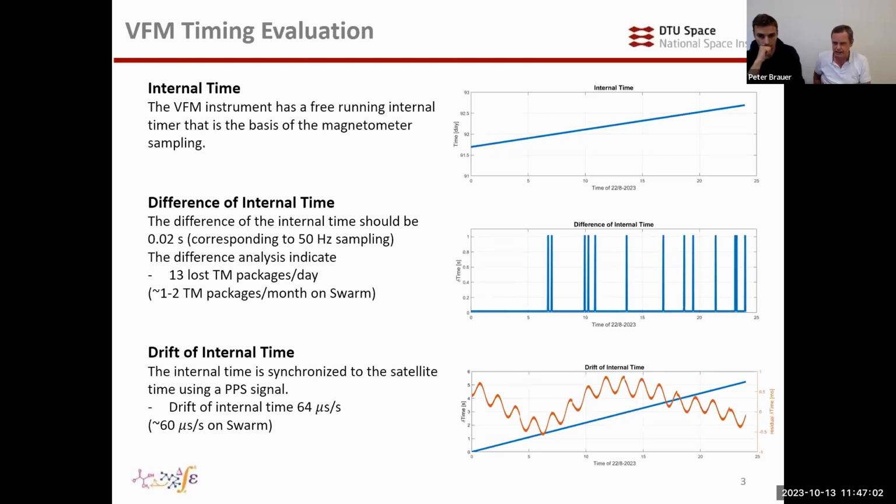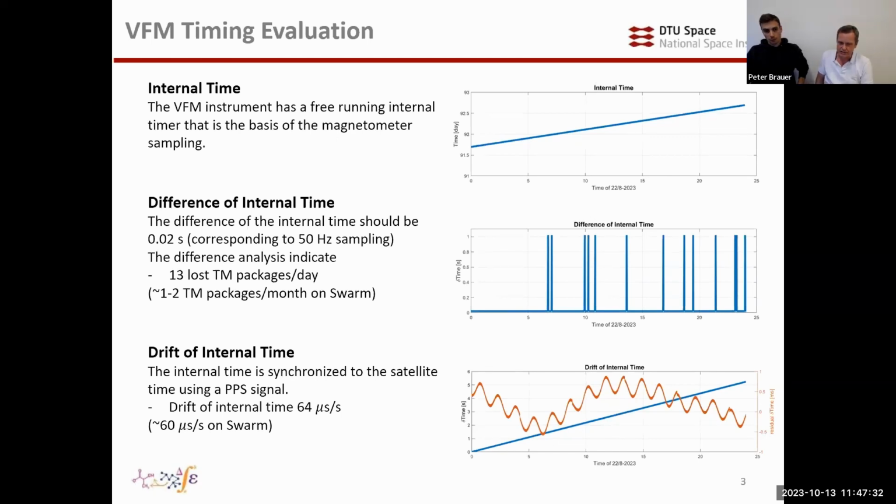We are seeing gaps of 1 second occasionally. For the specific day, we have lost 13 packages, and we are quite sure that these can be reconstructed after some processing of the satellite data. On Swarm, we see in the order of 1-2 packages lost per month.